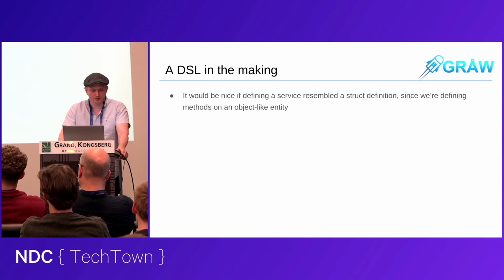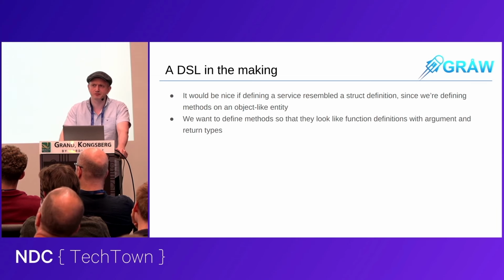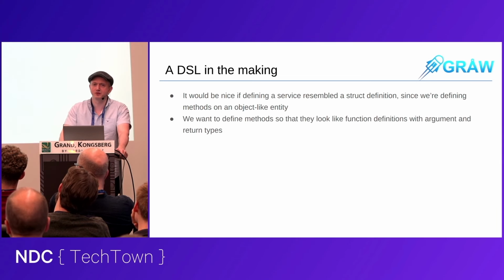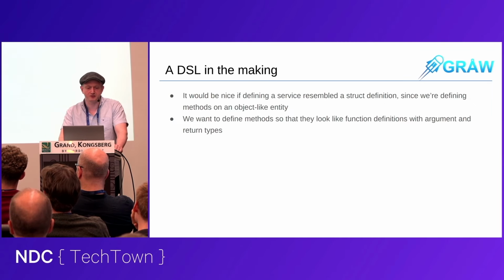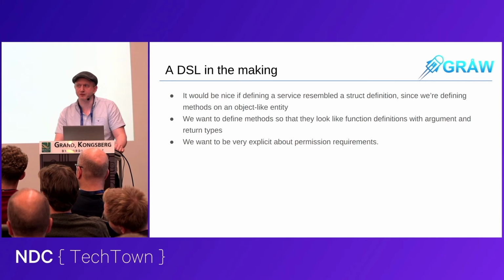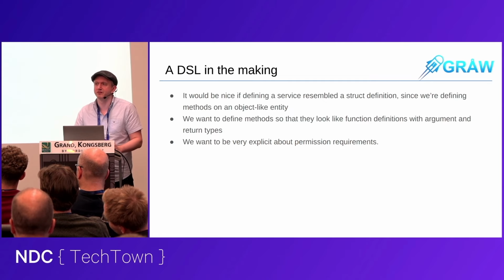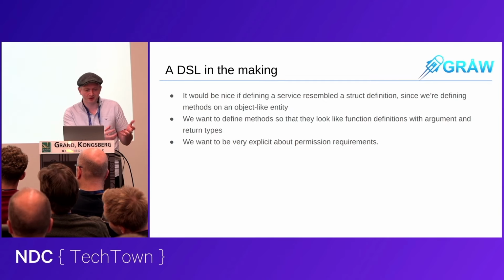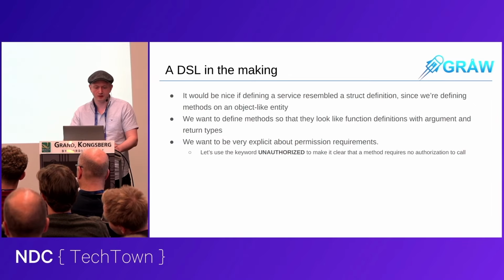And when we do define methods, they're pretty much normal Rust functions. So the syntax should be similar to how you would define functions in a trait or on a struct implementation. But we do want to be very explicit about permission or auth in this case. That's important to the domain of an RPC service, right? You care about who's allowed to call this function and who isn't, more importantly.